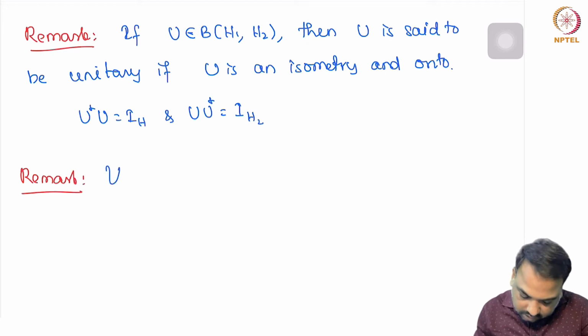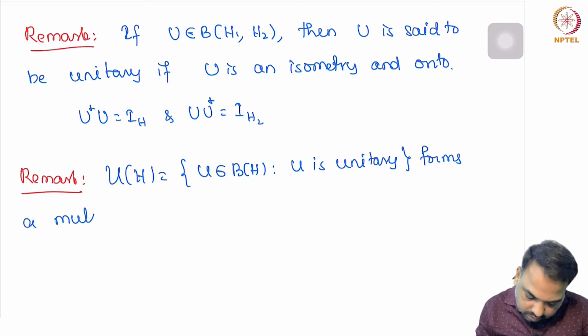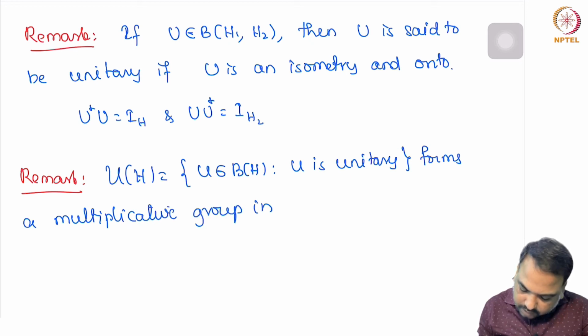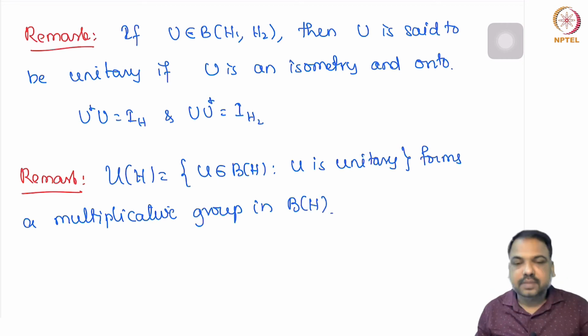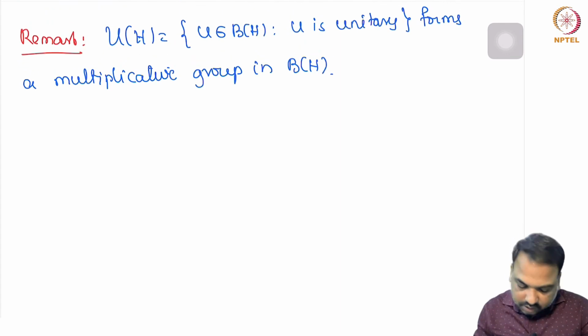You collect the set of all unitaries in B of H, such that U is unitary, then it forms a multiplicative group in B of H. Okay. So next we discuss partial isometries.